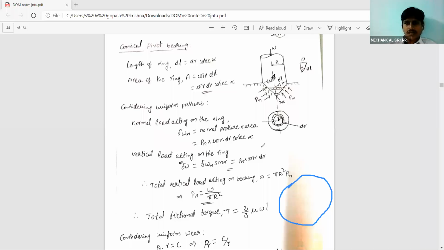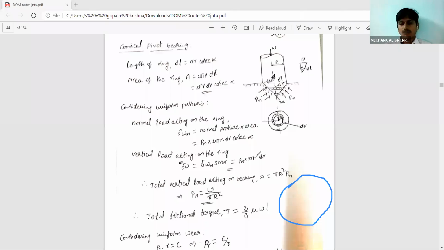The derivation is similar to the above derivation. The above derivation has 2 pi mu p R square dr, and here we only add the term cosecant alpha.